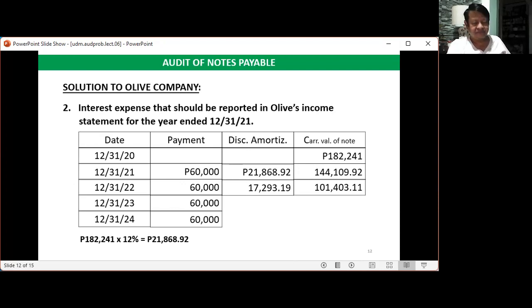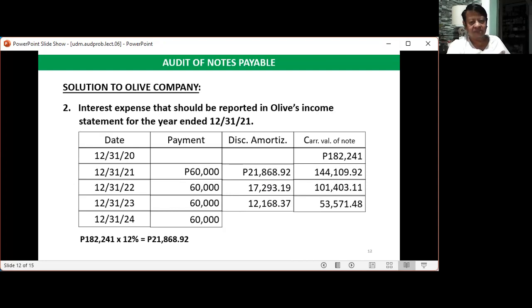For 2023, we will multiply this again by 12%. So the discount amortization is 12,168.37. We will deduct this amount from 60,000. Whatever is the difference will also be deducted from 101,403.11.